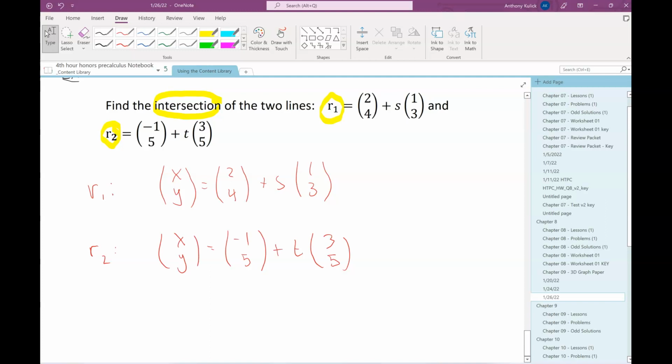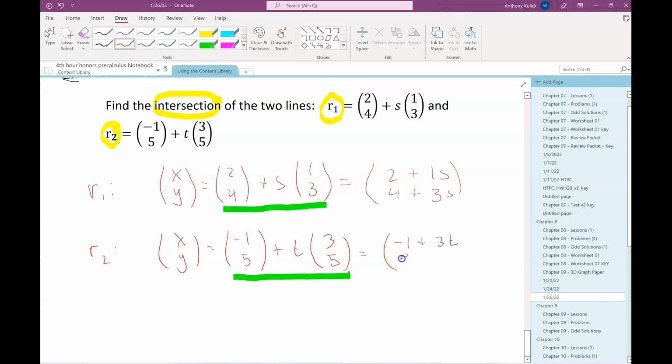So what I'm going to do here is I'm going to do my scalar multiplication and vector addition for each of these. So that's going to be 2 plus 1s, and then 4 plus 3s, and then negative 1 plus 3t, and then 5 plus 5t.